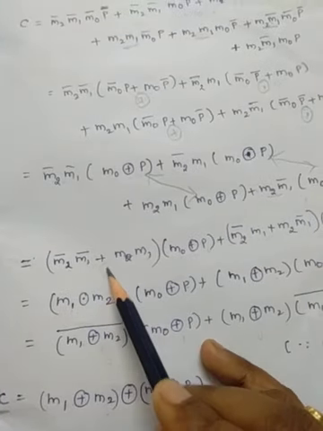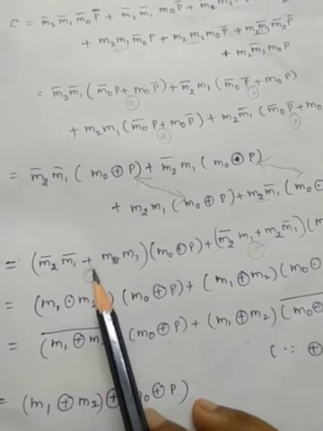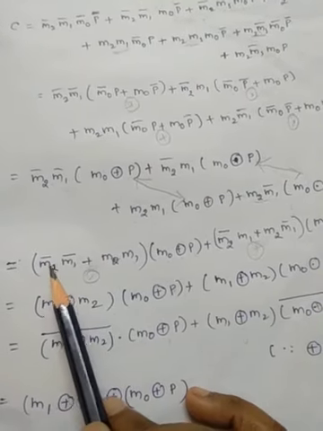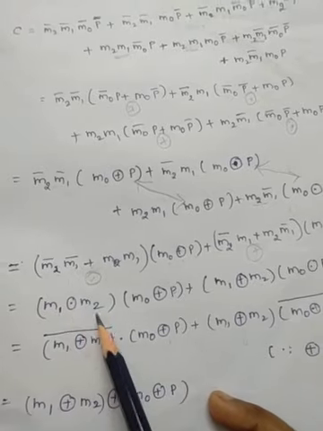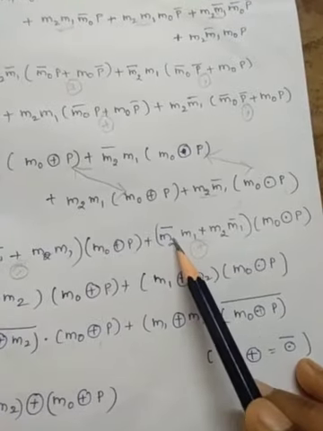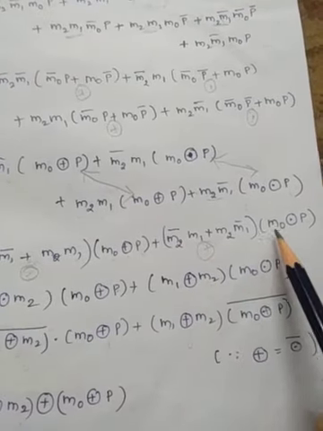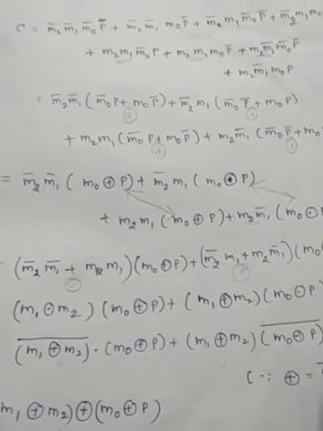Again, this is in the form of XNOR and this is in the form of XOR. So we can write it as m1 XNOR m2 into m0 XOR p, plus m1 XOR m2 into m0 XNOR p.